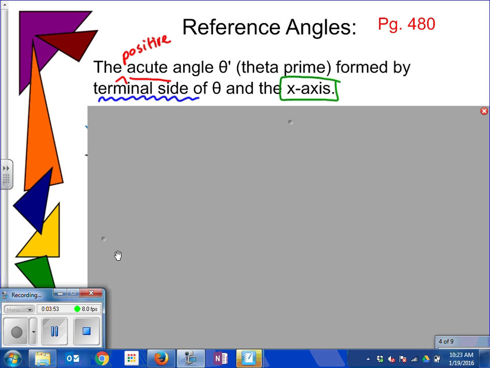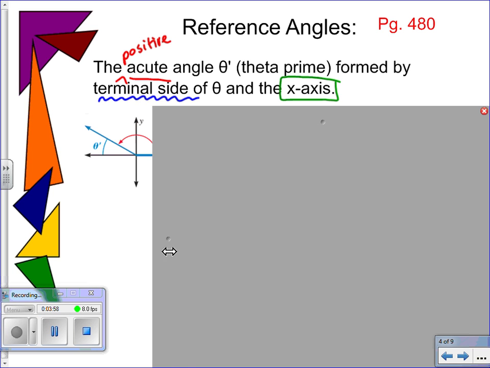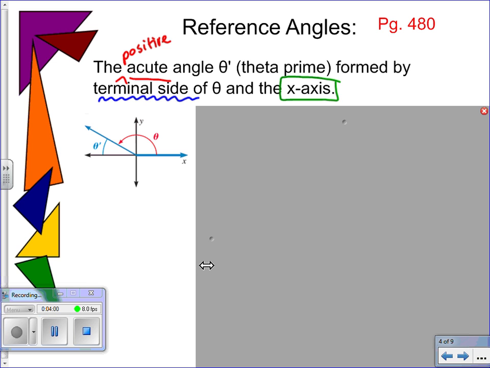Okay, so we're going to draw 3 different pictures. The first picture is going to be of some angle in quadrant 2. And I'll walk through and draw the angles with you, trace over this. This is like the picture from page 480. So I would start by drawing my x and my y-axis. And then I would draw my angle in standard position.